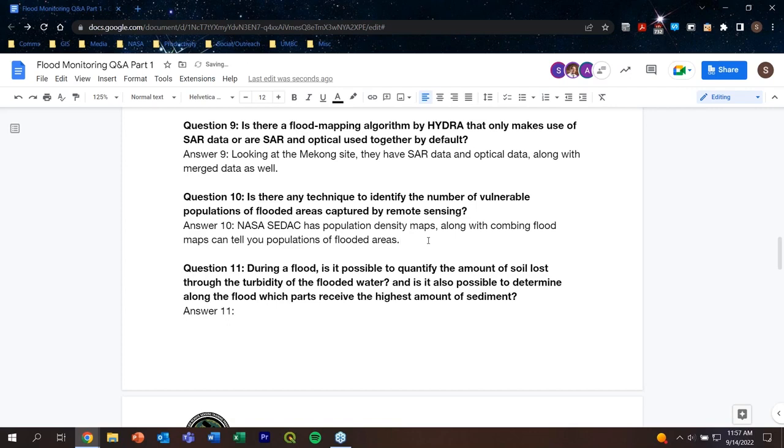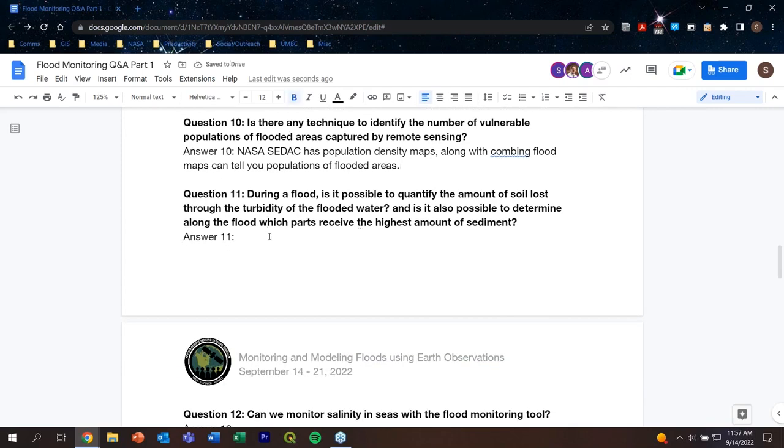Question 11: during a flood, is it possible to quantify the amount of soil lost through the turbidity of the flooded water? Is it also possible to determine along the flood which parts receive the highest amount of sediment? So there are sediment flow models. That is not our expertise, so we cannot give you a lot of detail, but we'll try and provide some references.